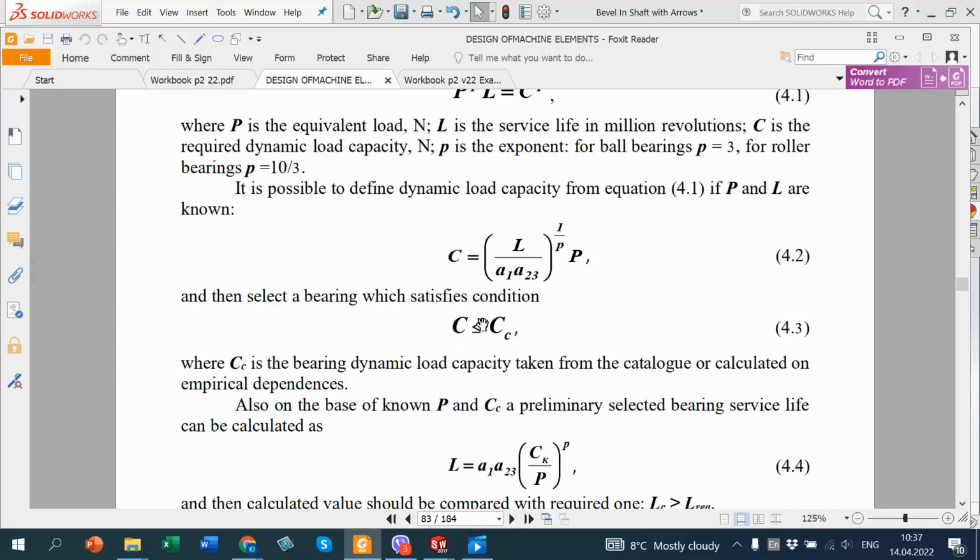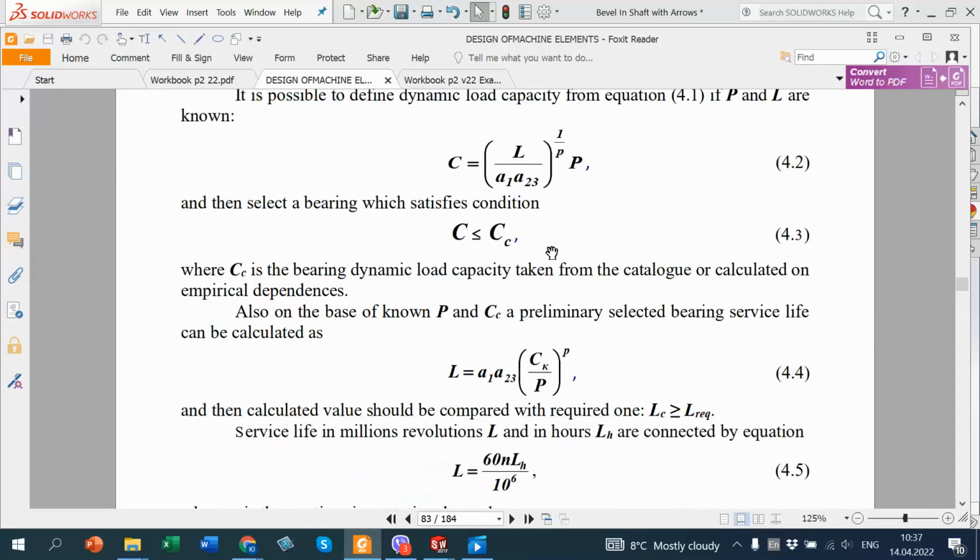C, it is a calculated value, should be less than catalog value. C is bearing dynamic load capacity from catalog. So it means that we should calculate required value and compare it with catalog value for enough load capacity. So we should know these parameters like here. Let's consider there.